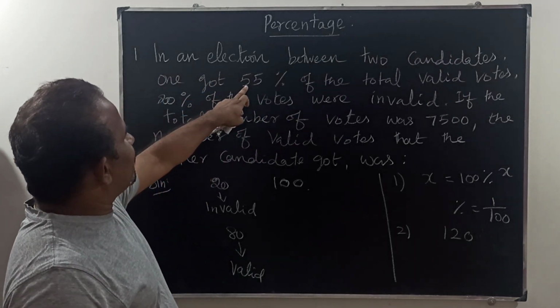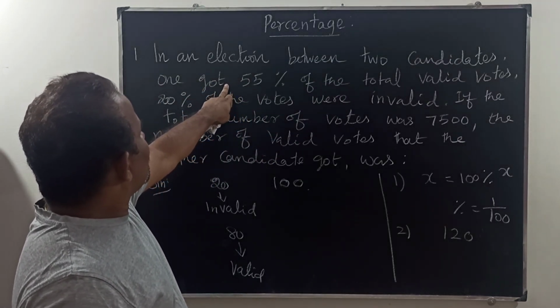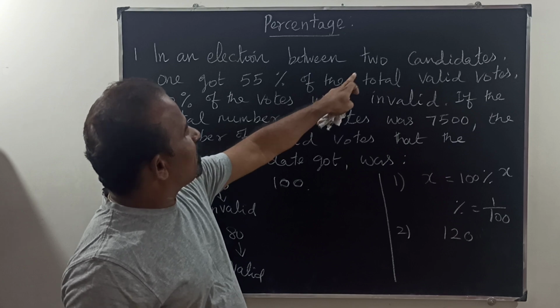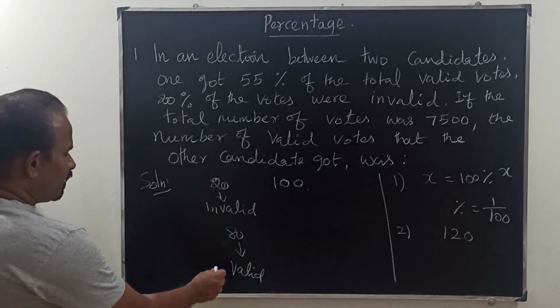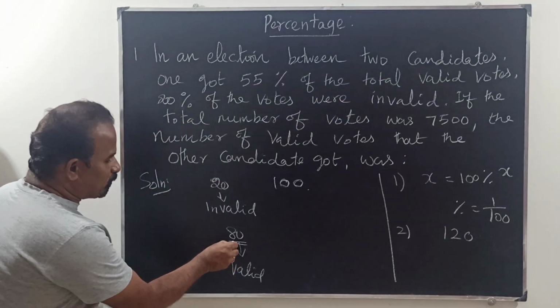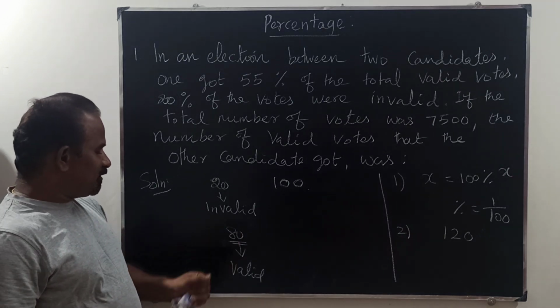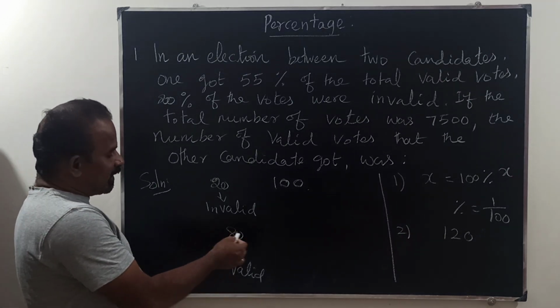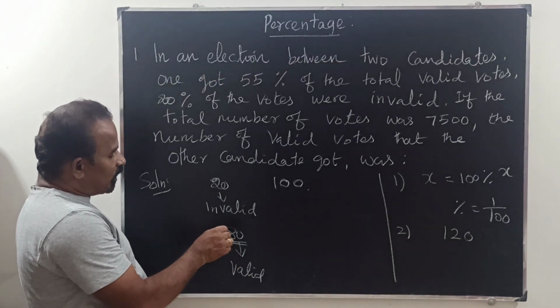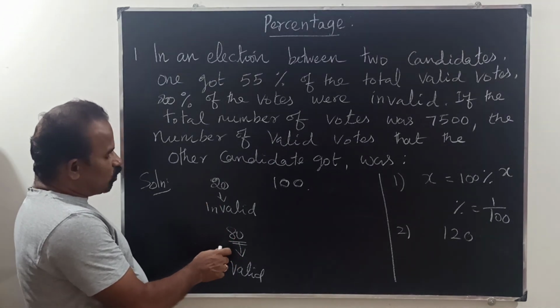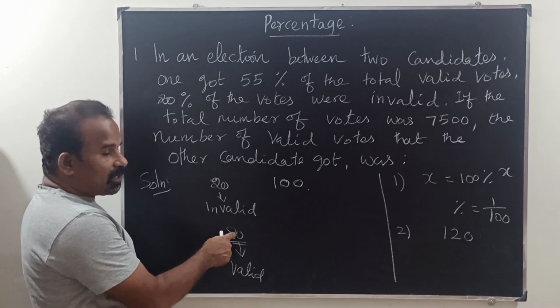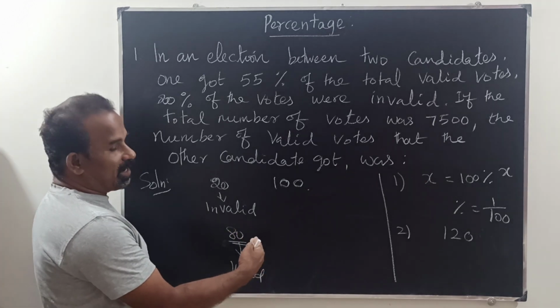One candidate got 55% of the total valid votes. So now I am going to calculate 55%. 10% is 8. If you calculate 10%, you have to make a dot after one digit from the right.